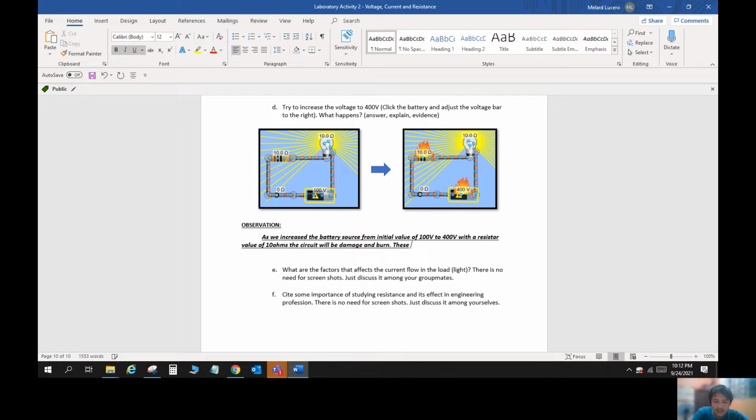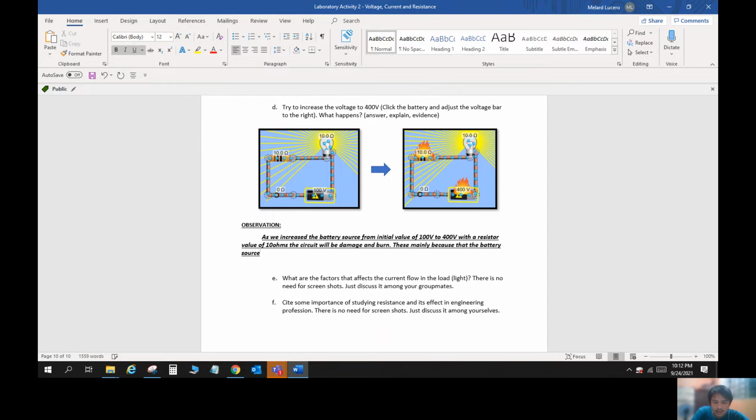This is mainly because the battery source voltage is too much for the resistor to carry.